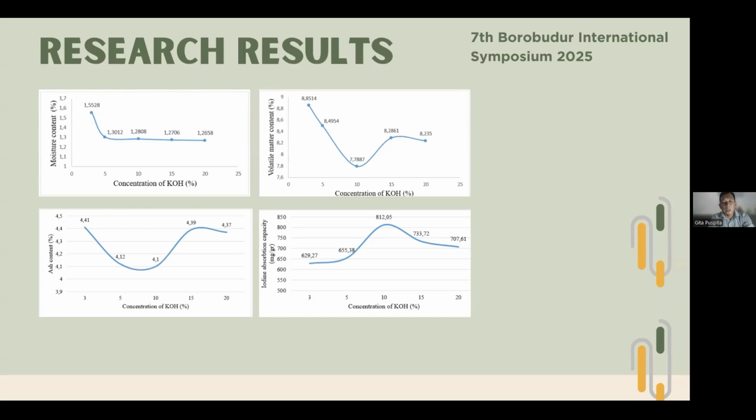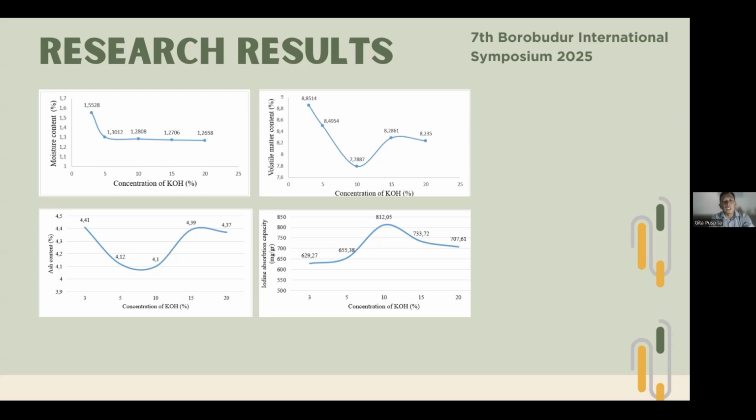Now, let's have a look at the graphic. The moisture content testing in the graphic shows a negative correlation between potassium hydroxide concentration and moisture content, where increasing the potassium hydroxide concentration from 3% to 20% progressively decreases the moisture content. The lowest moisture content was obtained at a concentration of 20% and the highest at 3%.